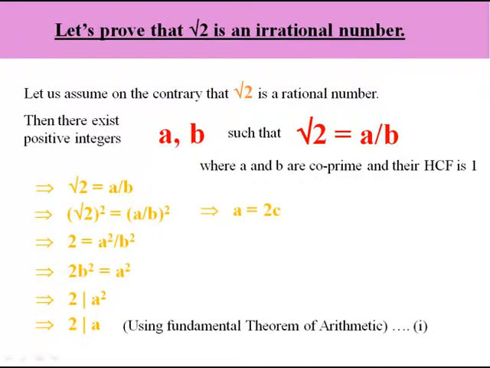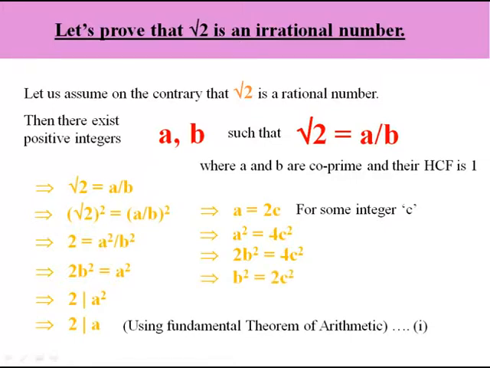Now if 2 completely divides a, that means a is equal to 2c for some value c. Squaring both sides, we get a square is equal to 4c square. a square is also equal to 2b square. So we can equate 2b square as 4c square.